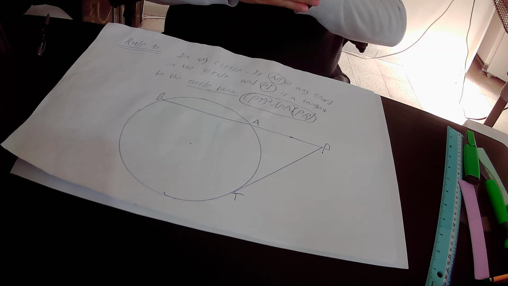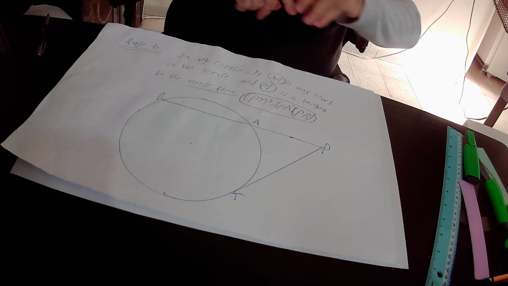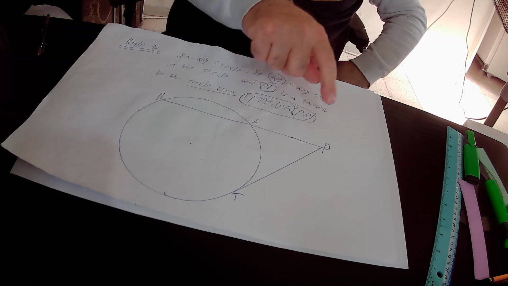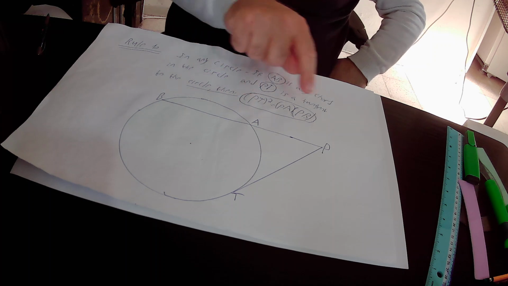So in this drawing, the following equation will be true: PT square equals PA times PB. Again, PT square equals PA times PB.